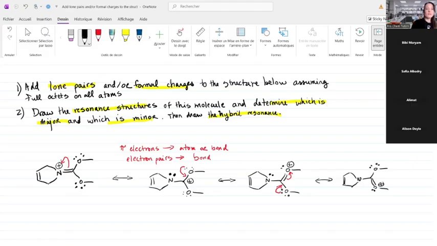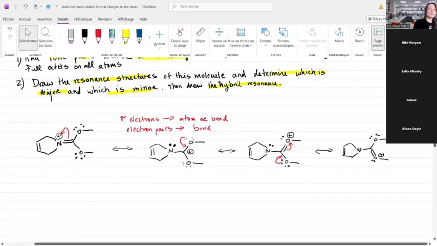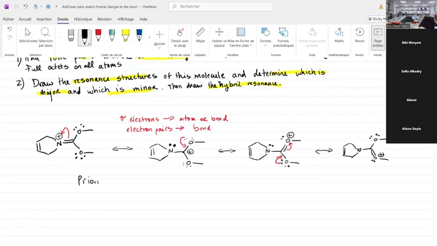Now, a bit more tricky is determine which is major and which is minor. So there's 4 rules to determine this. And in priority, what they are is the following. So first, you want to look at the number of incomplete octet. Second, you want to look at the number of charges.